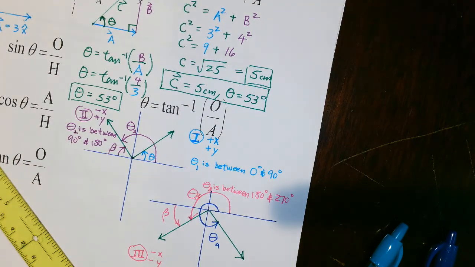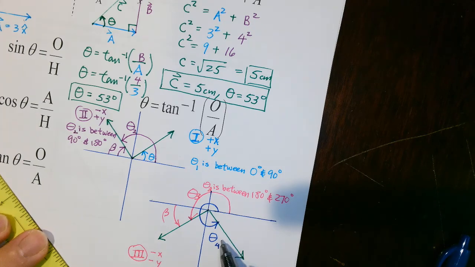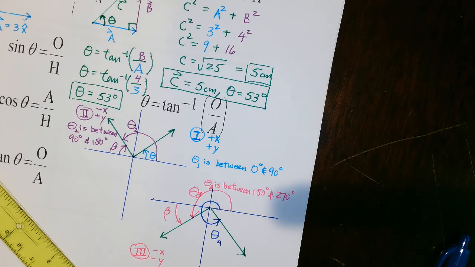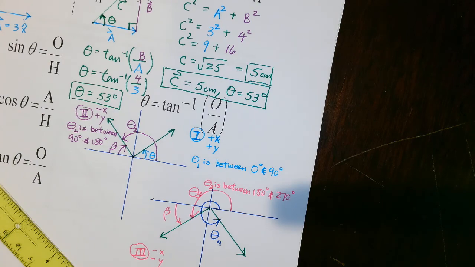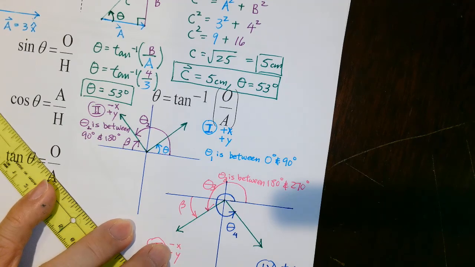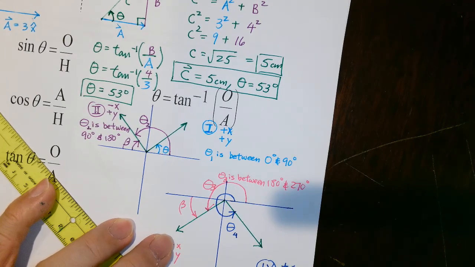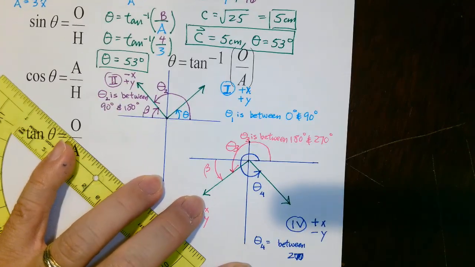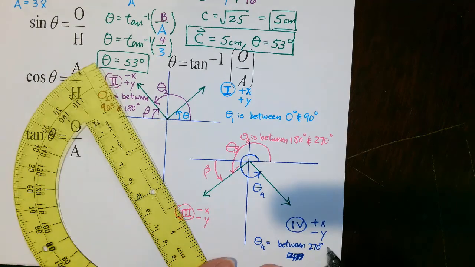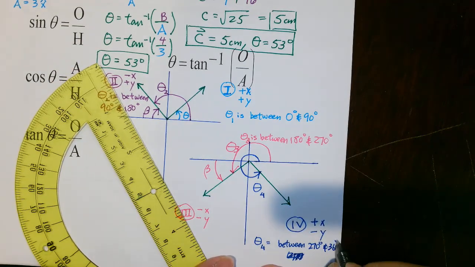In quadrant 4, I have positive x and negative y, and my theta in the fourth quadrant is between 270 and 360.